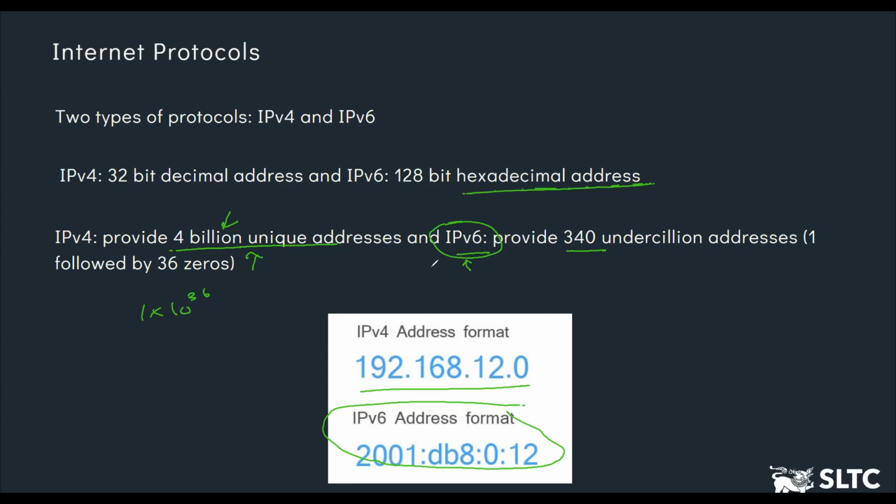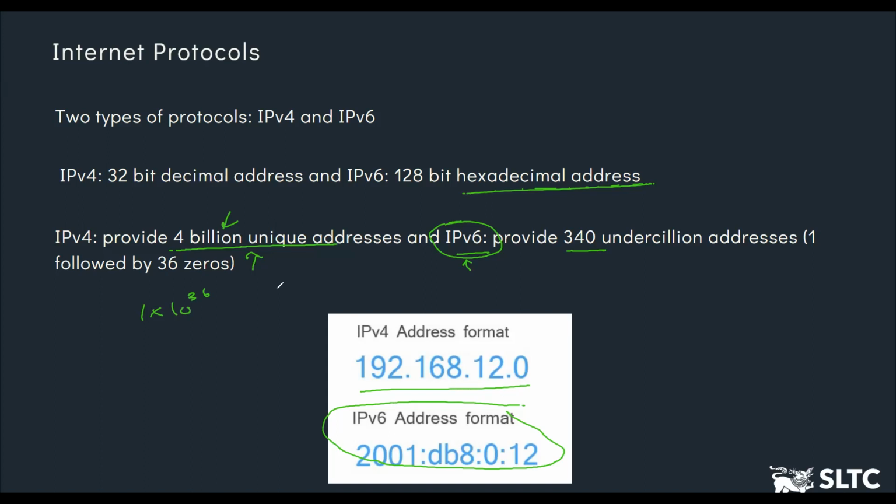It is seen that we don't need other types of addressing schemes now, because this can address all the devices. Apart from that, once a device is connected to the network, after some time the DHCP server can even change your IP address. That means our IP address is not static. The network can change our IP address from time to time, so each device does not need to have a static IP address.